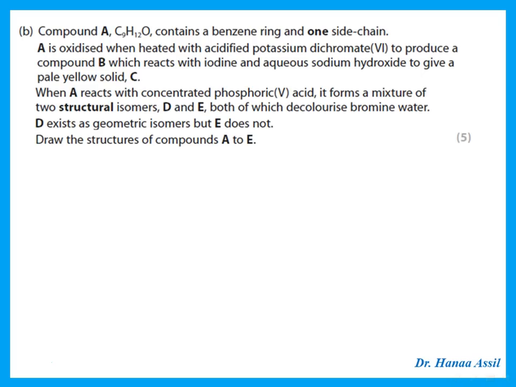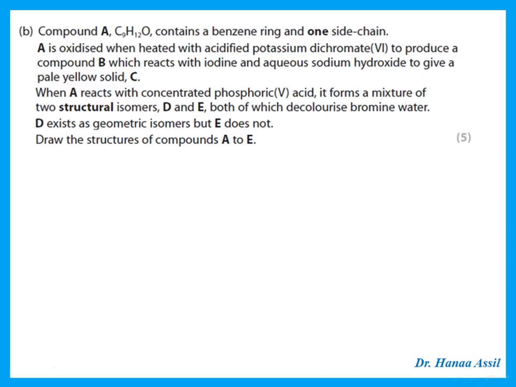Compound A, the one we were just talking about, contains a benzene ring and 1 side chain. Now, A is oxidized when heated with acidified potassium dichromate, and that means that A is either a primary or a secondary alcohol, to produce a compound B that reacts with iodine and aqueous sodium hydroxide to give a pale yellow solid.